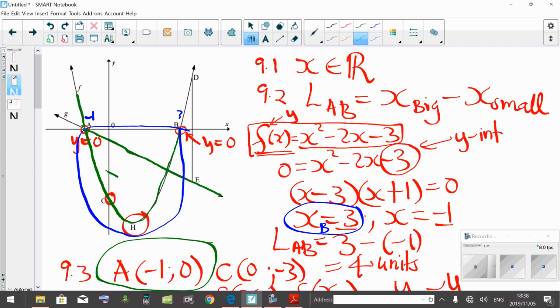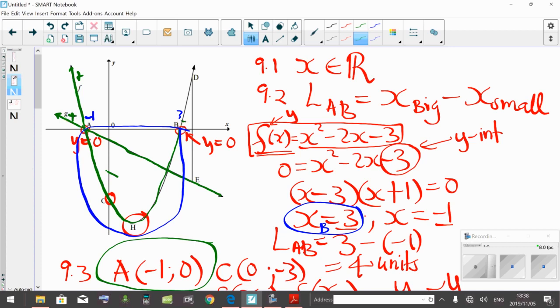Here, f is above the x-axis. F is positive here. And it so happens that g is also above the x-axis. G is positive here.